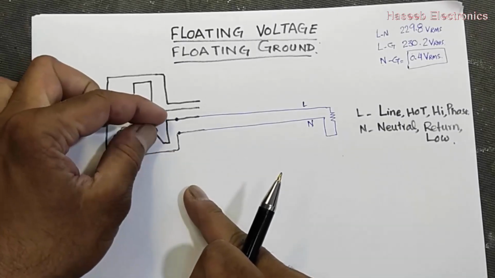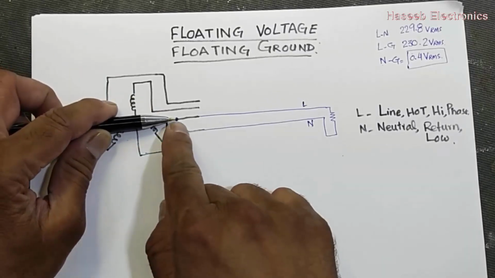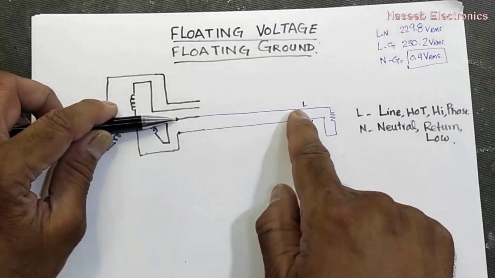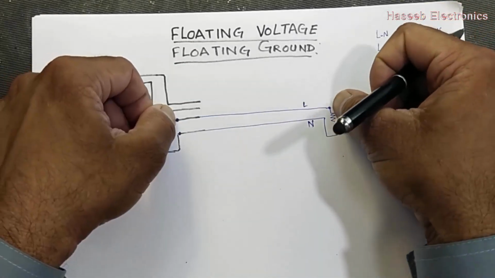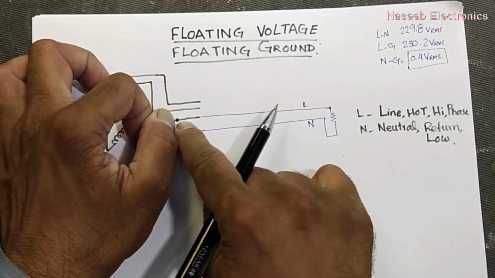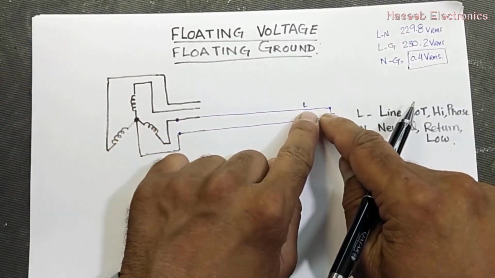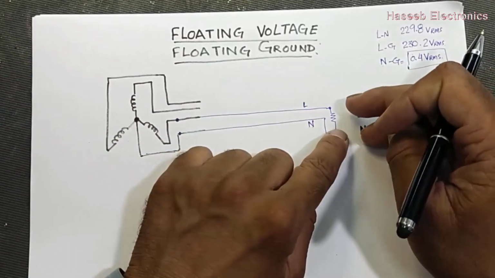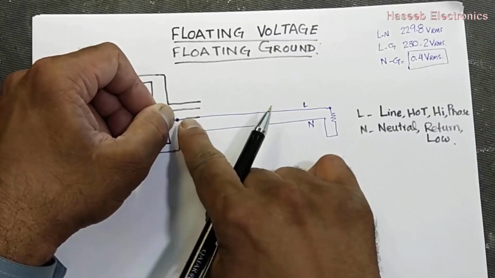We have to look from this side. If we look from this point, the current is moving in this direction to the load, and there is this load which comes in series. It is a conductor, our transmission line, and from the electrical pole to our home, all the conductor has resistance.